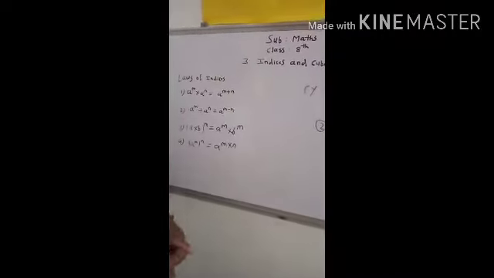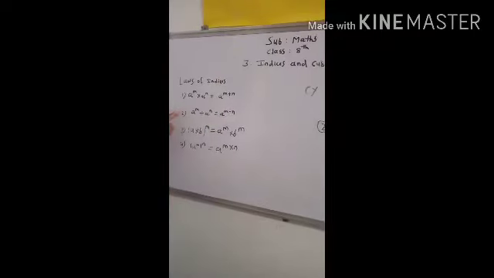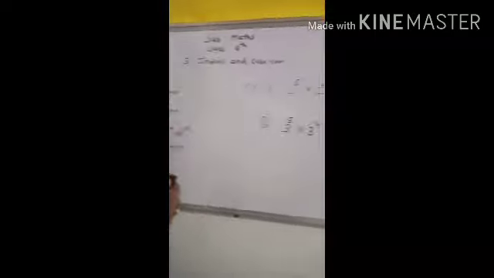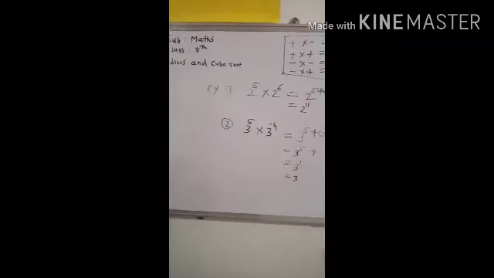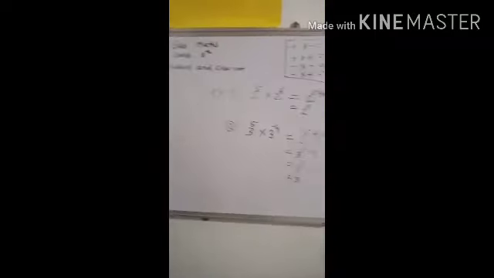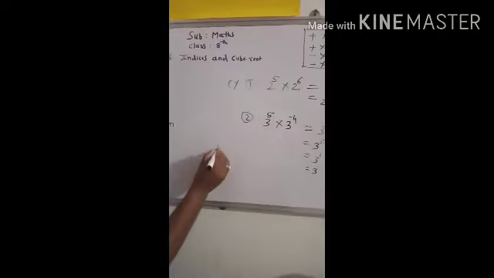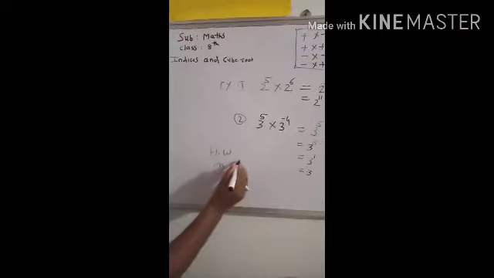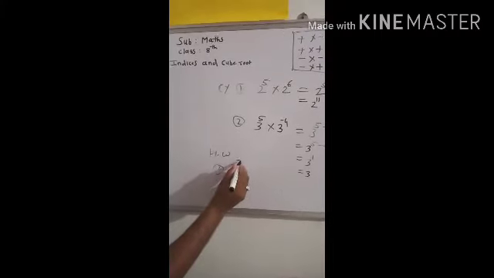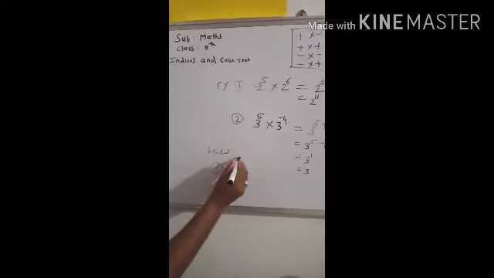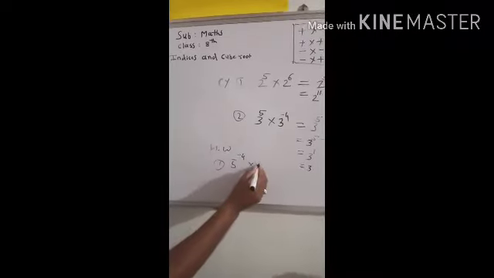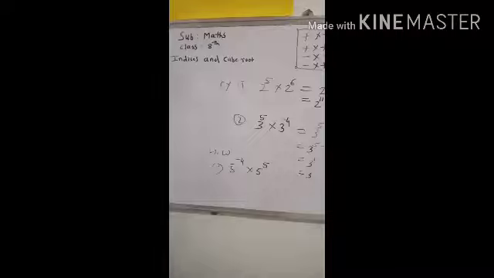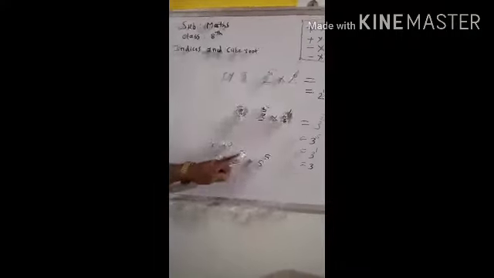Students, we will see the remaining rules tomorrow, and you have to solve examples based on the first rule. So I will give homework to you. Number first, 5 to the power 5 into 5 to the power minus 4.